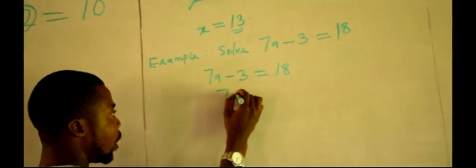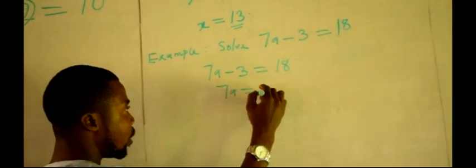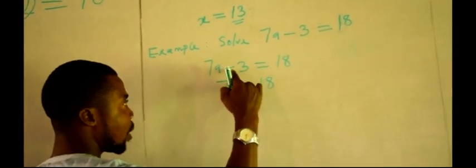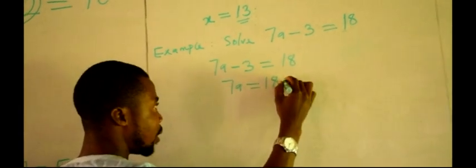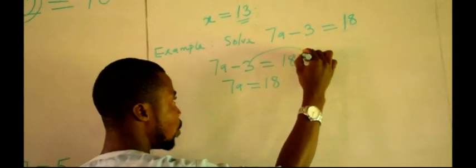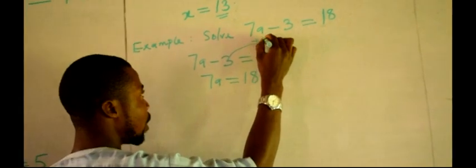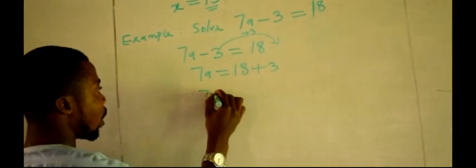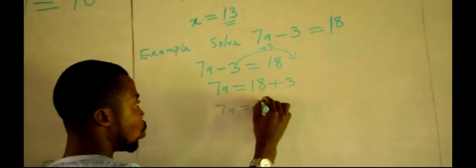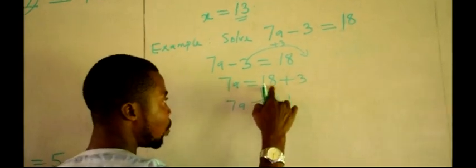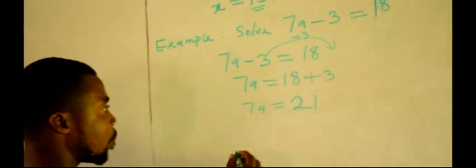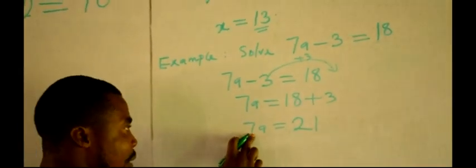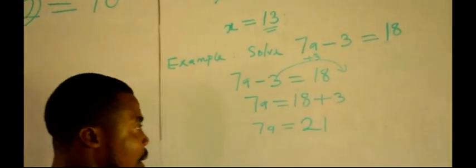That is, 7a is equal to 18, and this one will come to the right hand side as plus 3. 18 plus 3 will give us 21. So 7a is equal to 21.